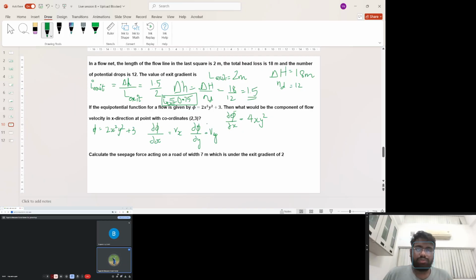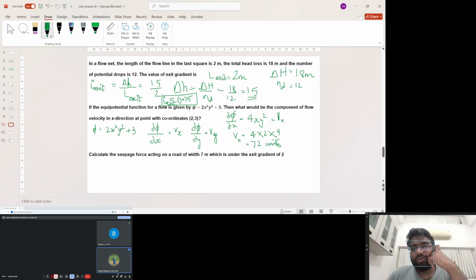So this is equal to Vx. Now you can substitute the coordinates in this equation to get the velocity component along x-axis. So Vx will be 4 into 2 into 9, which is 72 units. Since unit has not been specified, we'll just write 72 units.